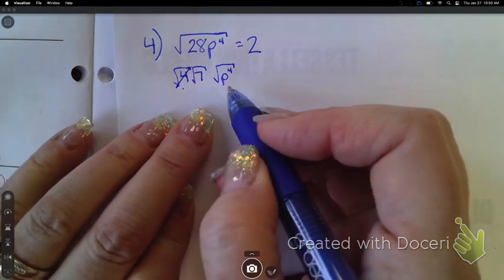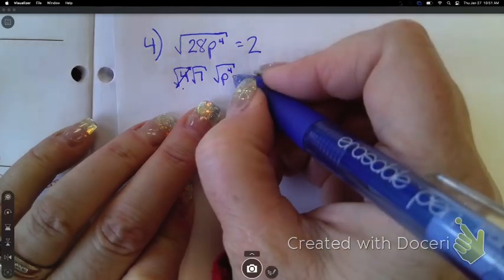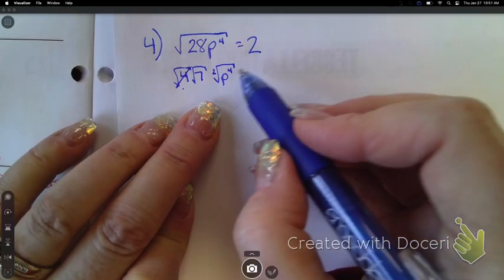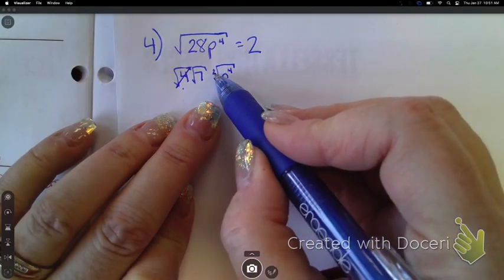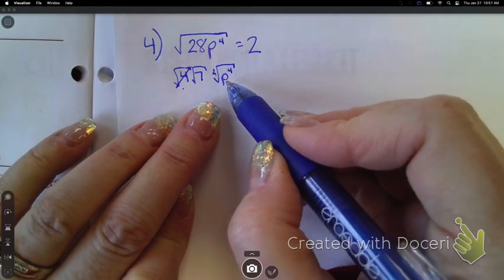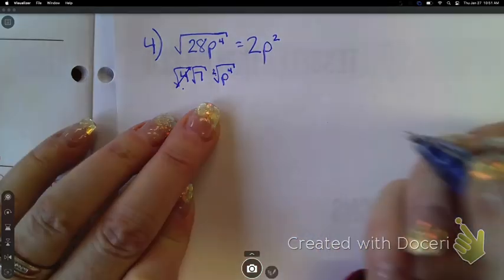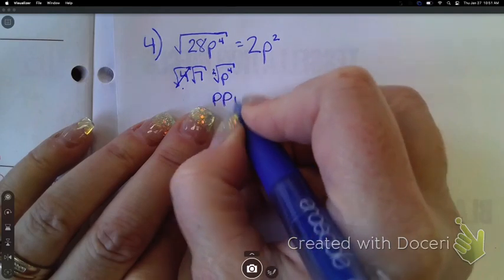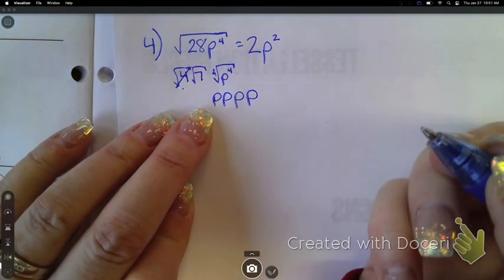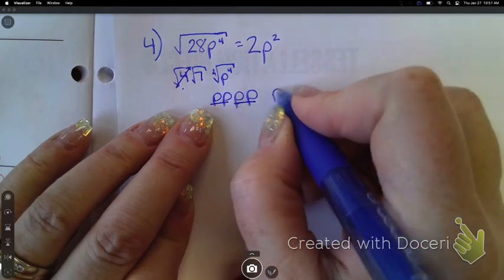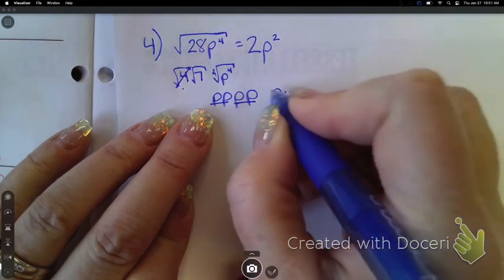Square root of 7 is the square root of 7. There's no perfect squares in there. When I have a variable, I divide it by the root. We're doing square root, so I divide the variable by what? 2. So 4 divided by 2 is 2. So p squared comes out because I have p, that's 1 set of p's, 2 sets of p's, so it would be p times p, which would be what?